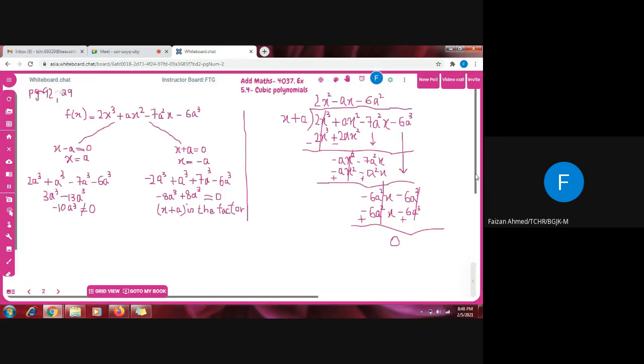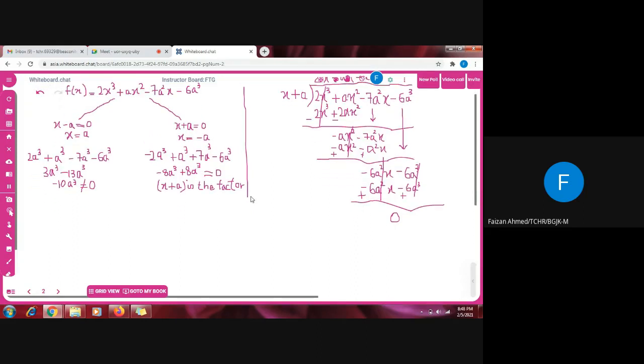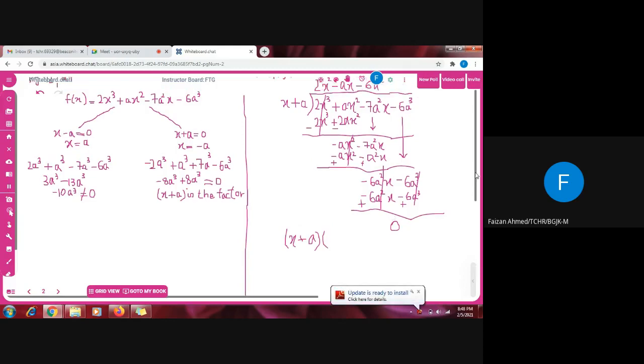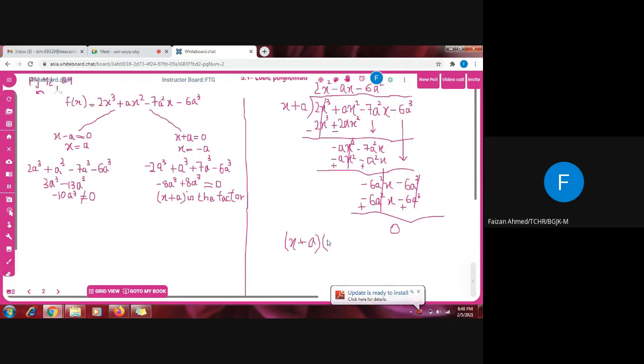Since I have successfully factorized my given polynomial, now it's time for me to solve it. Before solving, I will write it like this: (x plus a), bracket close. This is the linear factor, and the other factor which I found out by using synthetic division was 2x square minus ax minus 6a square.